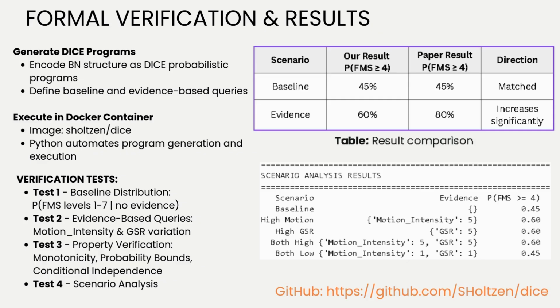And third, verifying formal properties like monotonicity and probability bounds, which matters for implementation validation. Monotonicity is verified in both models, from baseline to high stress, and we got that high stress increases the risk in both our model and the paper's model.